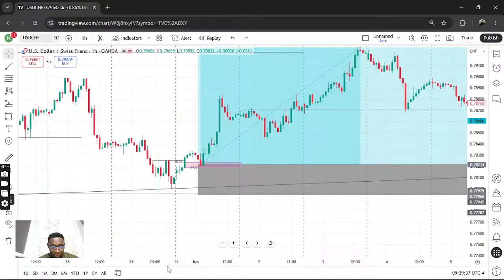You can see a volume imbalance here. That was created because the market opened at this particular point and created this volume imbalance, and then it moved up immediately and took out this particular high, that is a break of structure, up to this point.